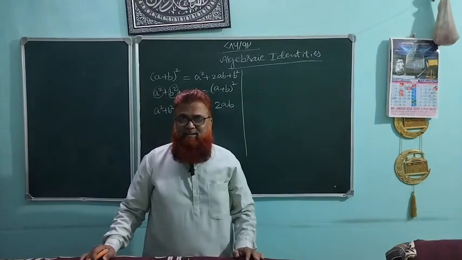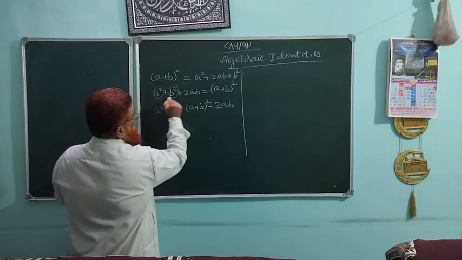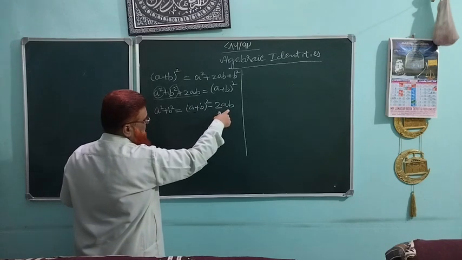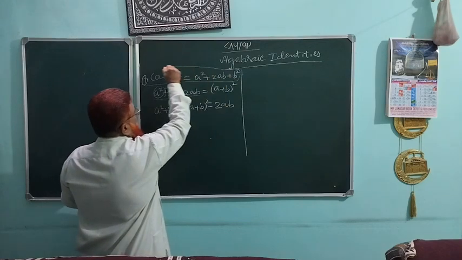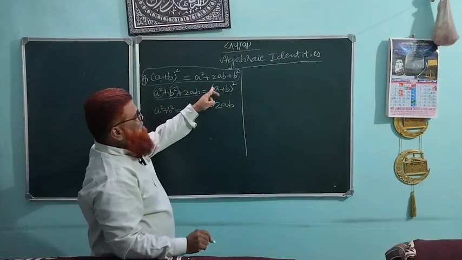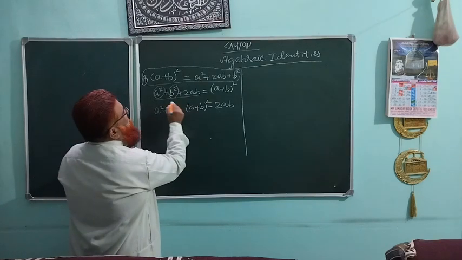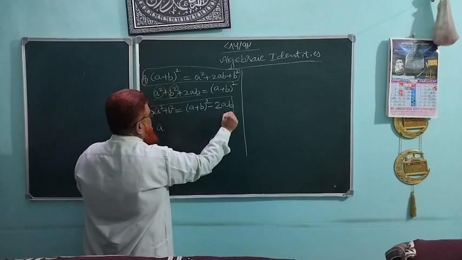This is very simple and very easy. Now I want some more manipulation. a square plus b square is equal to (a plus b) whole square minus 2ab. First, (a plus b) whole square is equal to what? a square plus 2ab plus b square. Now I want 2ab.